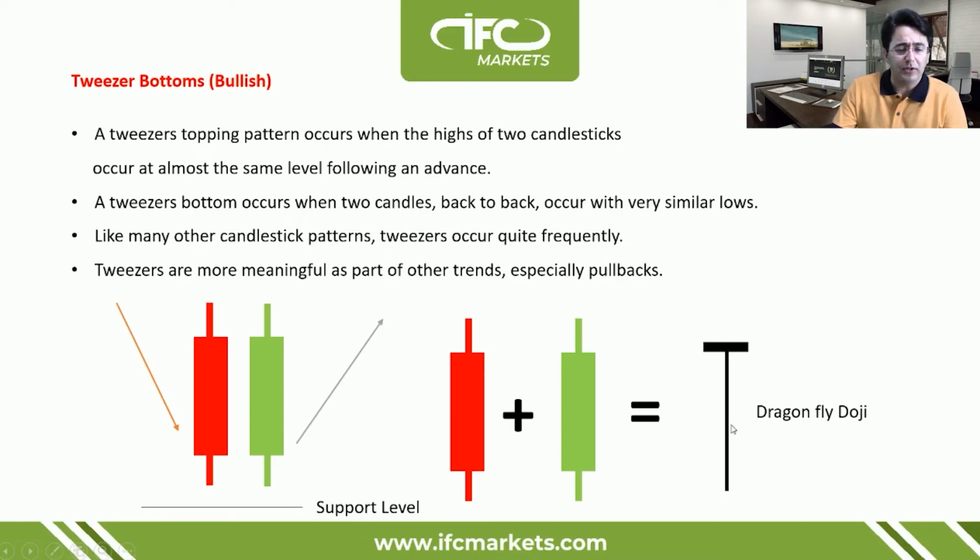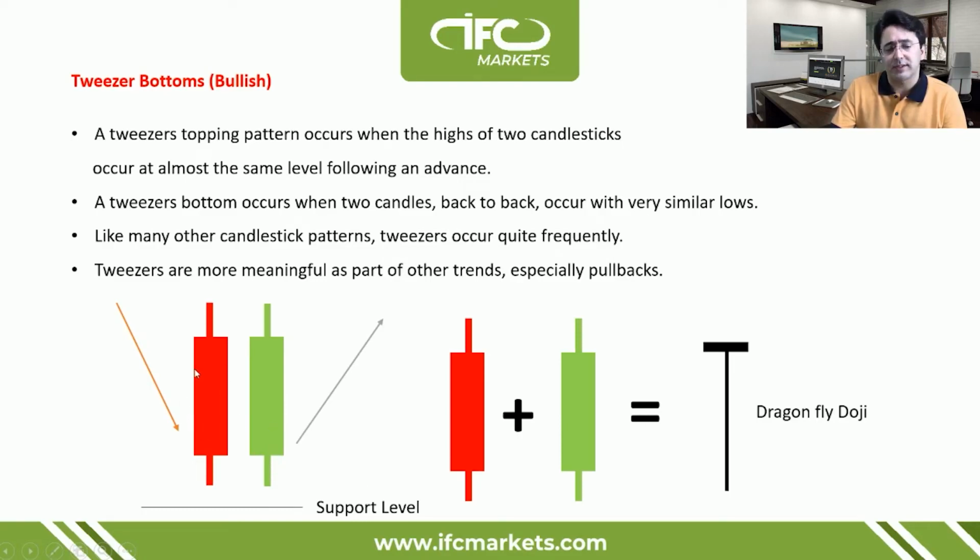The sign that they give together is exactly the sign that the Dragonfly Doji can tell you. The Dragonfly Doji appears at the end of the downtrend, and these also appear at the end of the downtrend. Underneath them is usually the support level, so they usually appear a little bit above the support level.